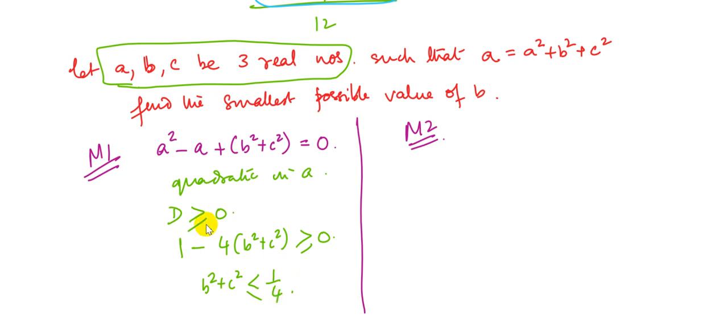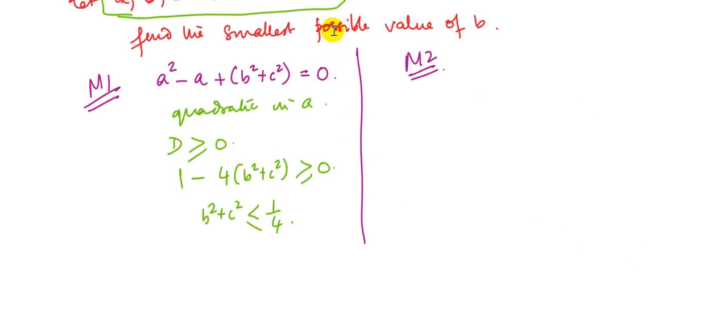Now from here you have to maximize b. Sorry, minimize b, not maximize. You have to minimize b. So what would be the minimum value of b?